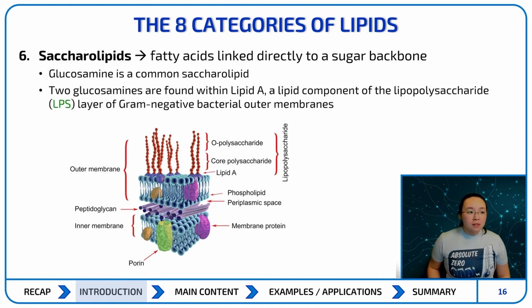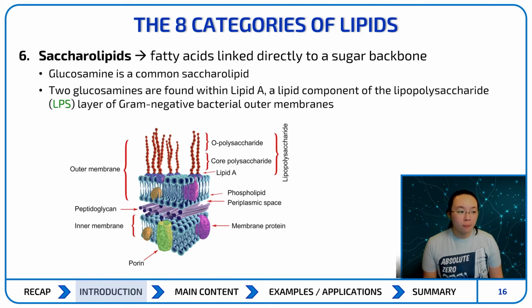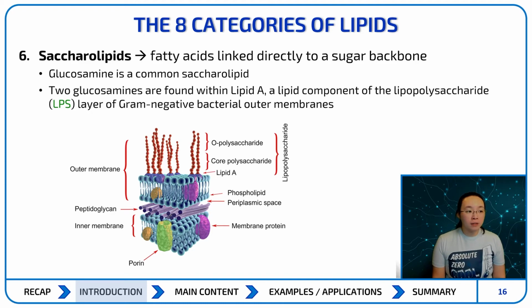For saccharolipids, the name itself tells us that it looks like it's a fatty acid with some sort of sugar or carbohydrate backbone. So one common saccharolipid is glucosamine, and glucosamine is really important when we take a look at bacterial cells. So 2 glucosamines are actually found in lipid A, which is a lipid component of the LPS lipopolysaccharide layer of a gram-negative bacteria.